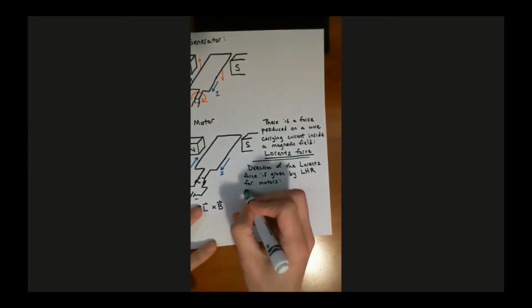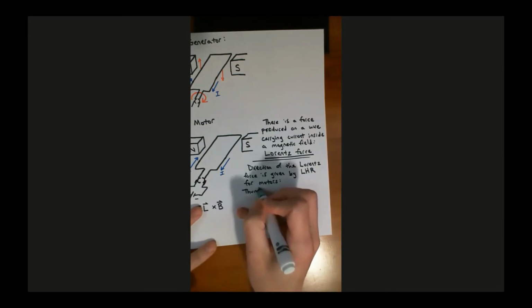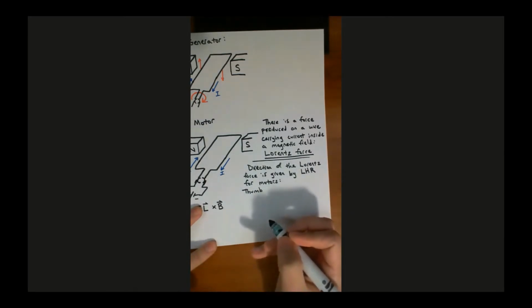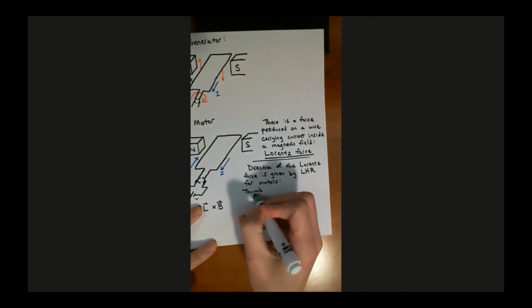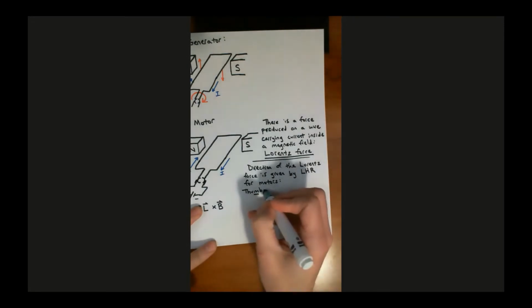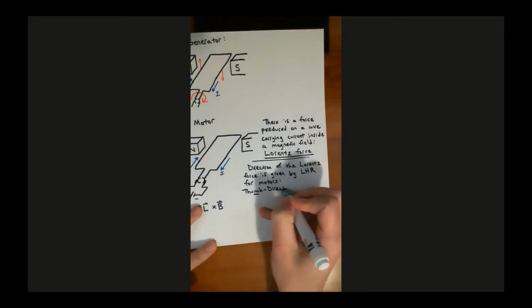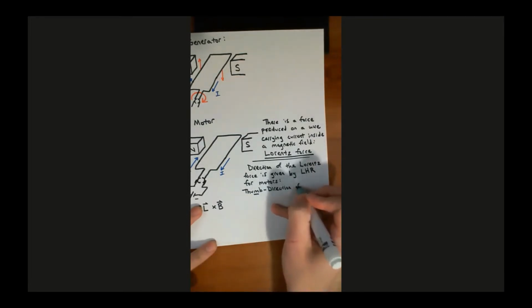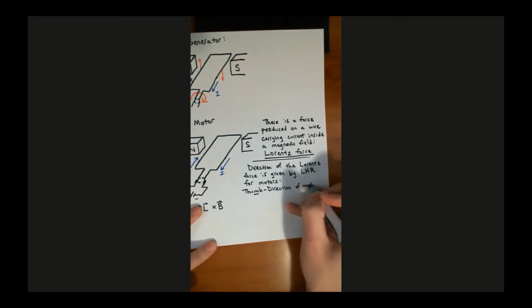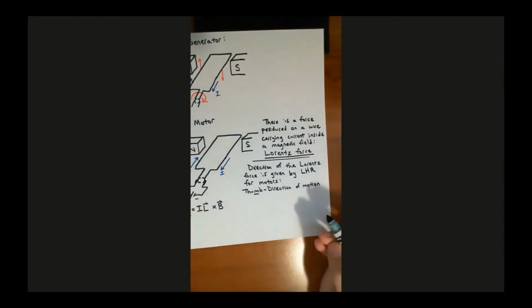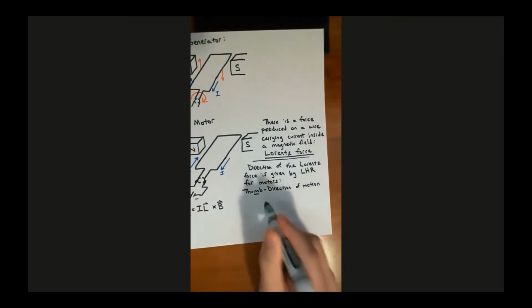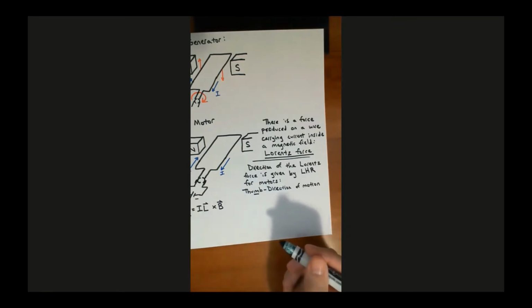So your thumb, once again, I want you to emphasize the M. The thumb gives you the direction of motion that results from the Lorentz force. So this really is the direction of the Lorentz force.